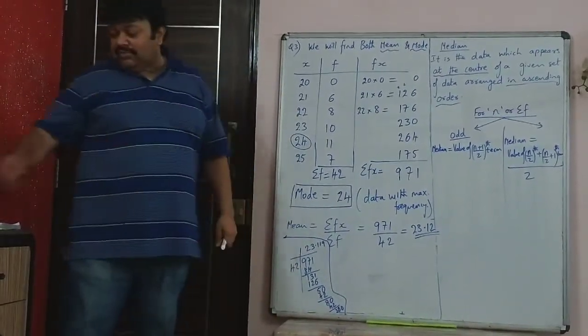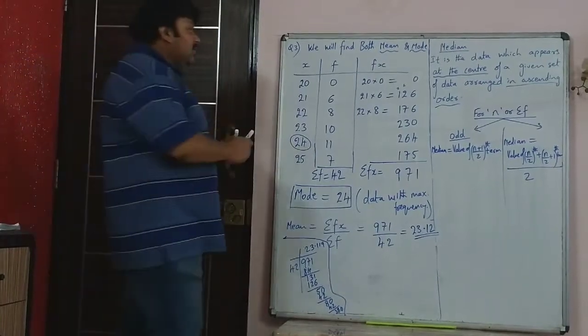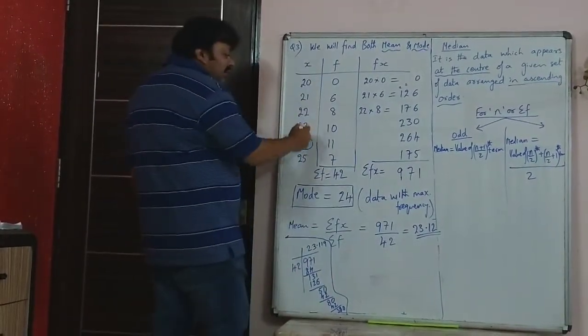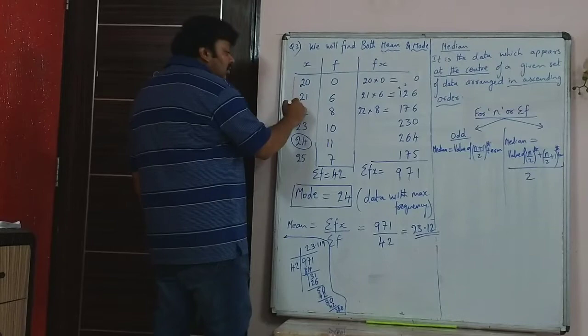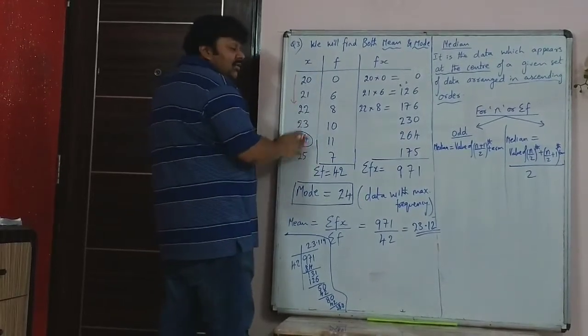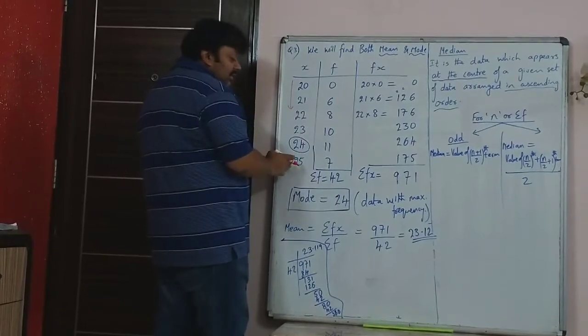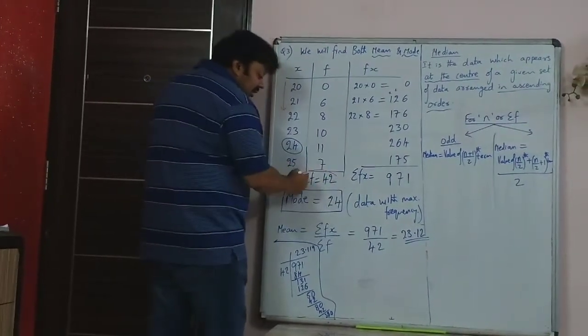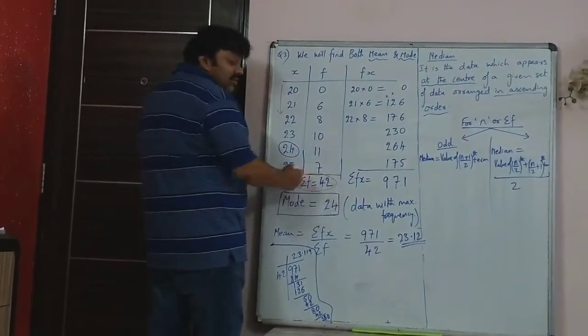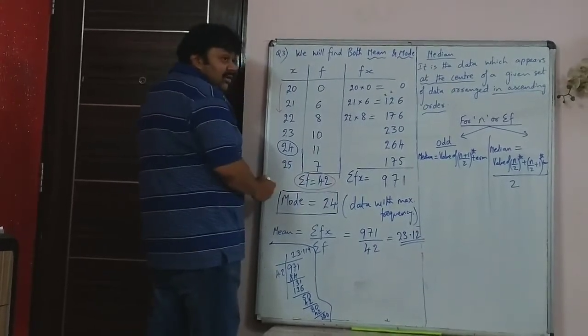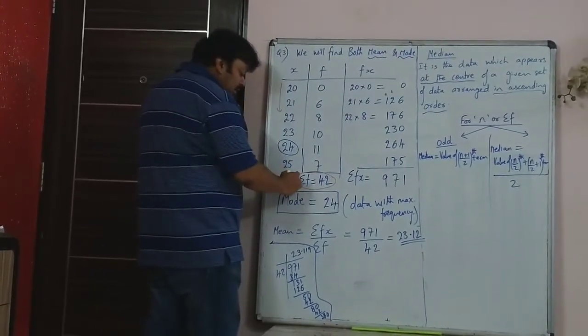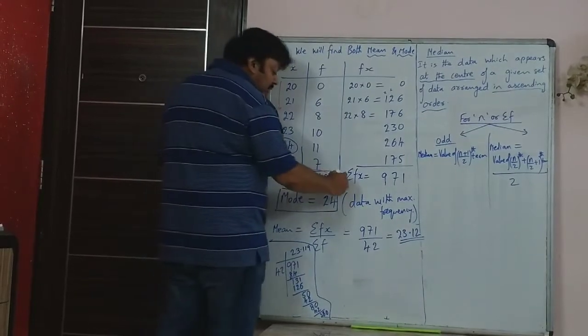So if it was this particular sum, here the data is already in ascending order. So there is no problem. That's the first thing, that the data has to be in ascending order. It is already in ascending order. Sigma f is n, that is number of data is 42, that n is 42, that is even.